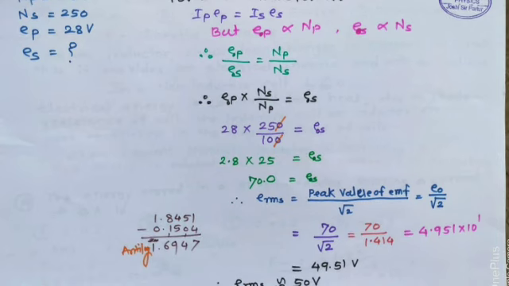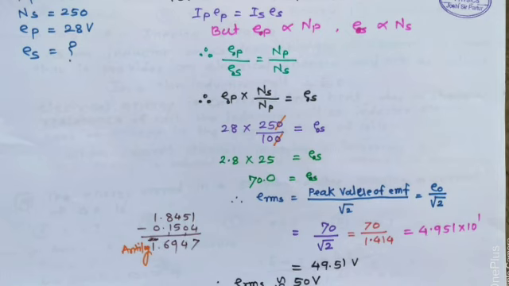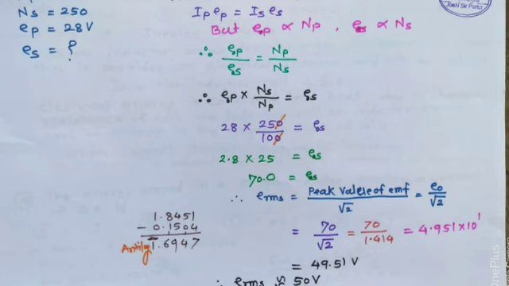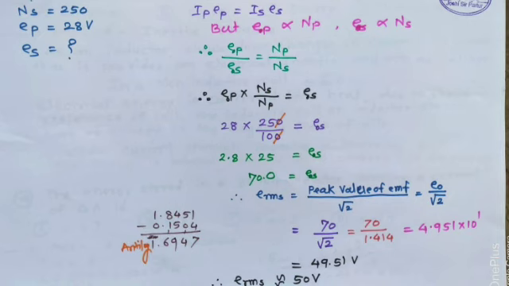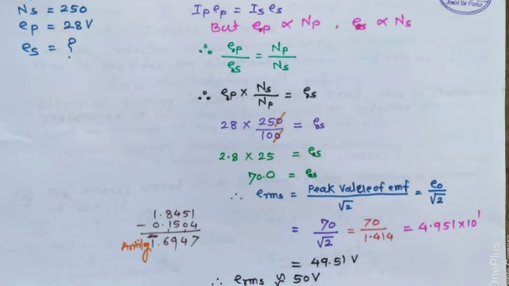So E0S, the peak value across secondary, is equal to the peak value E0P multiplied by NS upon NP. If we take 28 multiplied by 250 upon 100, E0S will be about 70.